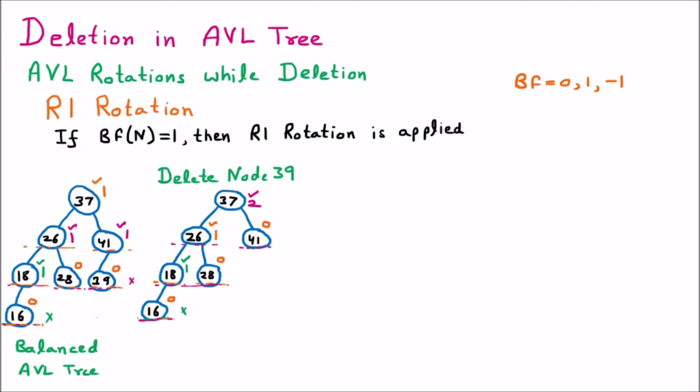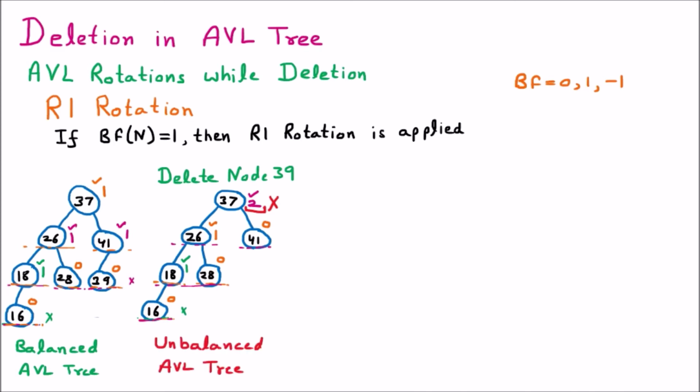We can see that all the nodes follow the balancing factor property, which is 0, 1 and minus 1, except node 37. Node 37 has balancing factor 2, which does not follow the property, because the balancing factor should be 0, 1 or minus 1. So this is not a balanced AVL, it is an unbalanced AVL tree.